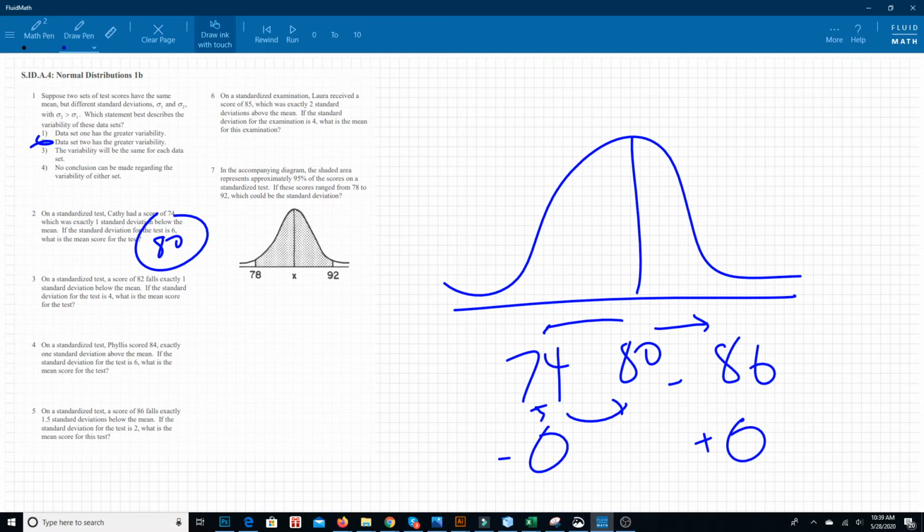So 82 is 1 below the mean, right? The standard deviation for the test is 4, right? So we're going to have 86. It says 82 plus 4, which is easy, right, guys?